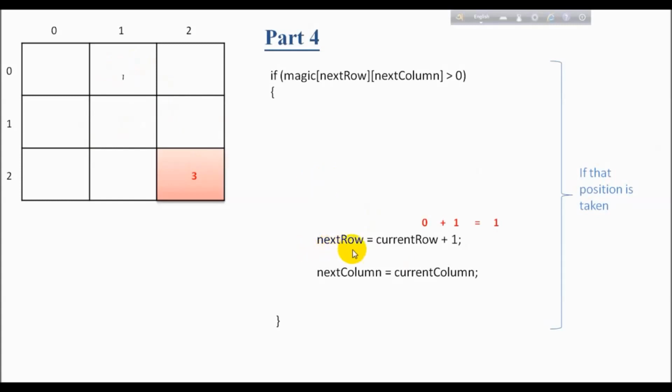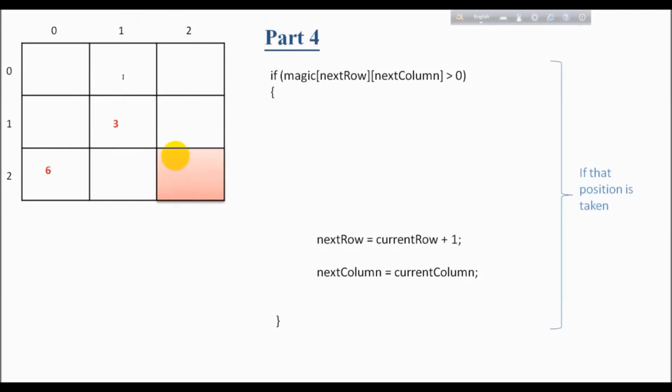That means our next row number will be 1, and our next column will be the same as our current column. So our current column number is now 1. So our next position will be 1, 1. That means this square. So we will put our next number here if this place is occupied.